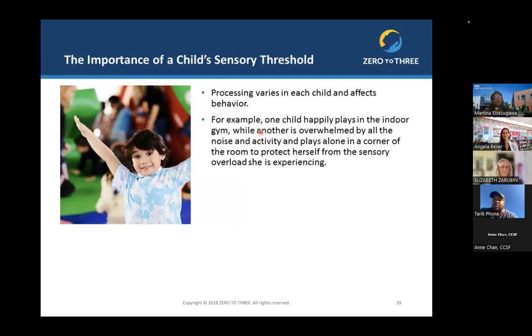I talked a little bit about sensory thresholds, so I'm not going to spend too much time, but a good example they give us here is that if the child is in a gym, one child can be really responding well to all the activities, jumping on the beams and playing. However, another child can be overstimulated.